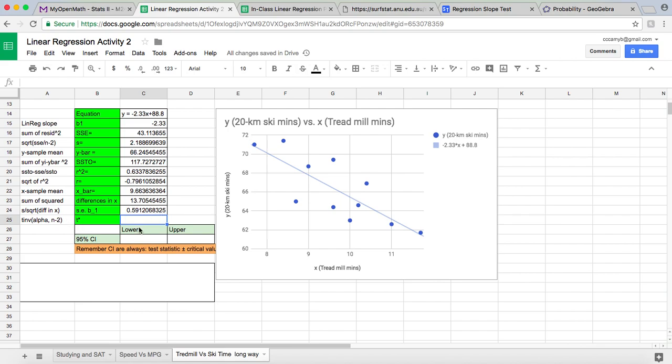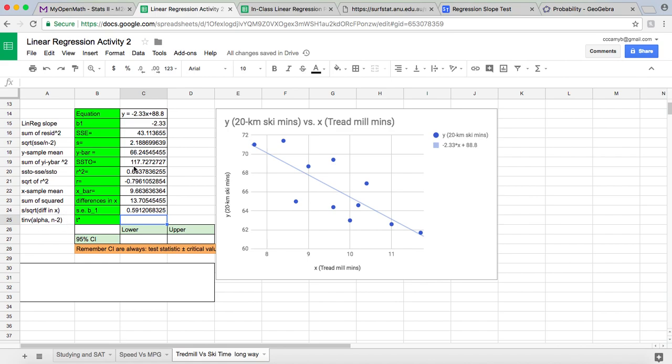Now, this is T star we're using, be careful, this is T star to build our confidence interval. So we could go look it up on SurfStat, that's fine, but we're not going to. Instead, we're going to have Google create it for us. So remember, you're going to use this formula, T inverse of alpha. Alpha is what's left over from our confidence interval. So if my confidence interval is 95%, then my alpha is 0.05, and then comma the degrees of freedom.